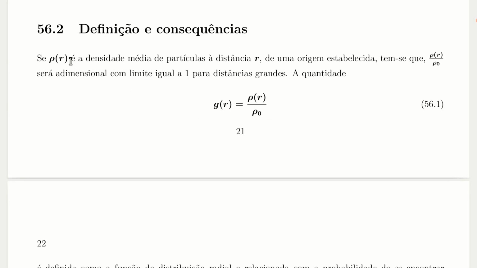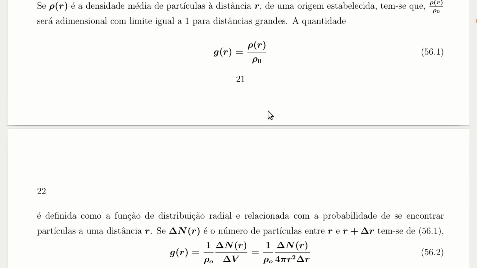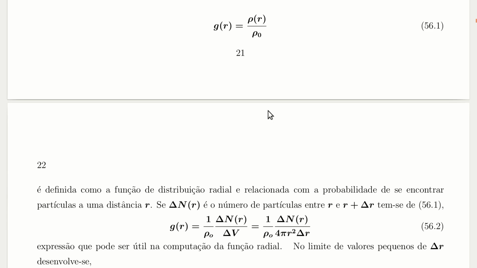If rho of R is the mean density at a distance R from some point, I can define initially the radial distribution function as a probability, which is equal to the density at R over the total density. And if I'm assuming a spherical symmetry, as is going to be done here, I'm going to deal with central field potential.